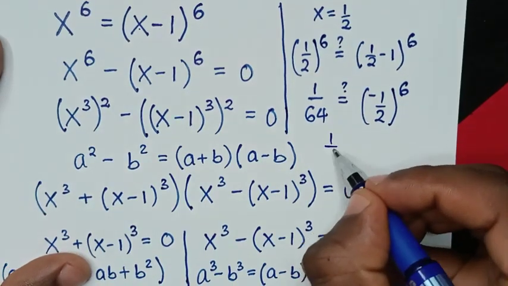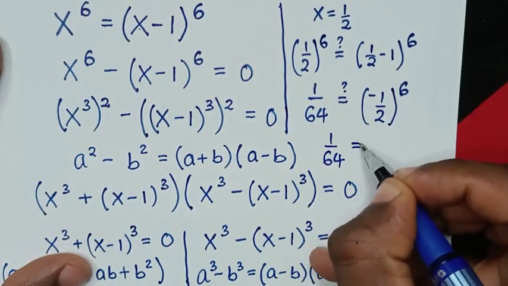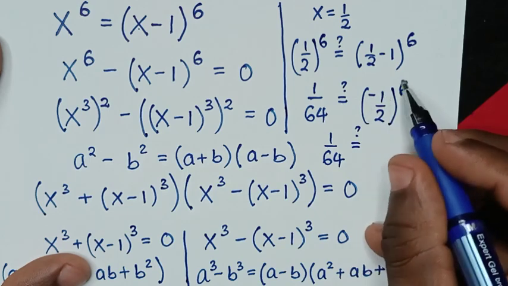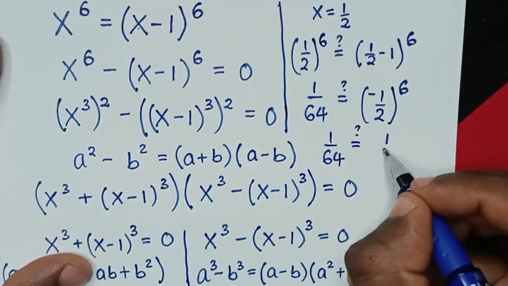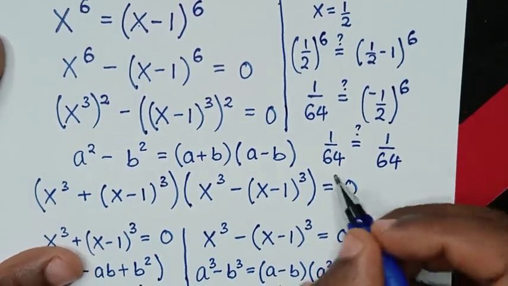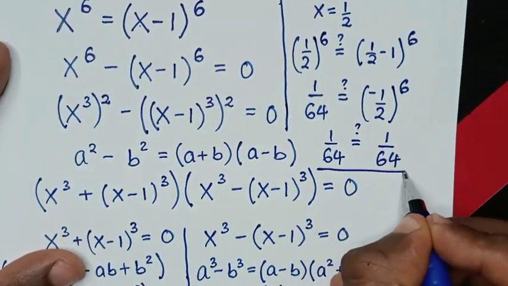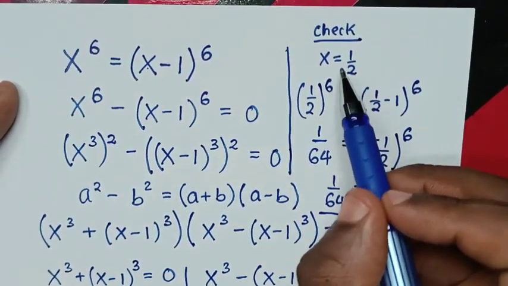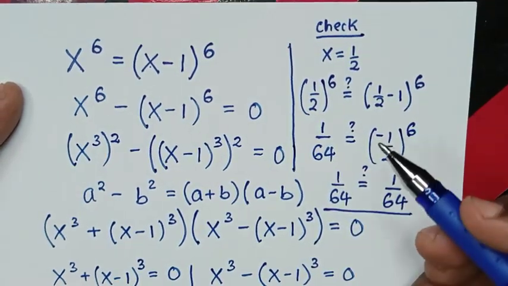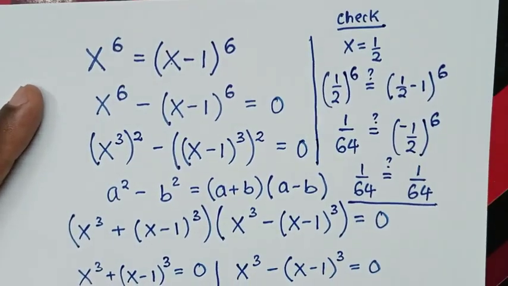Then it will be 1 over 64. Is it equal to negative 1 to the power of 6 is positive 1, over 2 to the power of 6 is 64. Now left side and right side are equal, so it is true for the value of x, it is a half, and also the other four complex solutions.